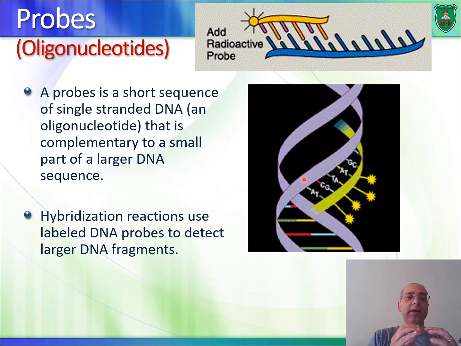And because there are many more probe molecules compared to the original DNA strand that I'm testing, the probe would win the competition. So the probe would win, and you would have the formation of hydrogen bonding between the probe and the complementary region of the DNA strand.